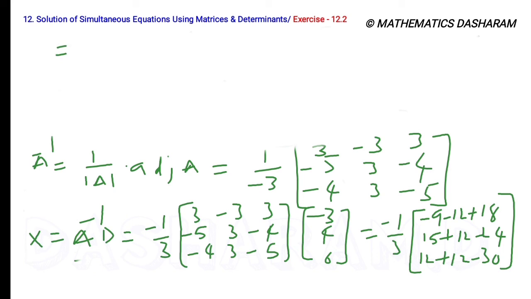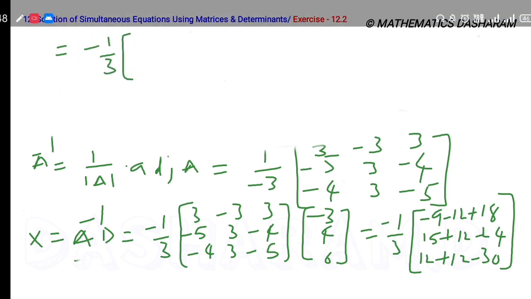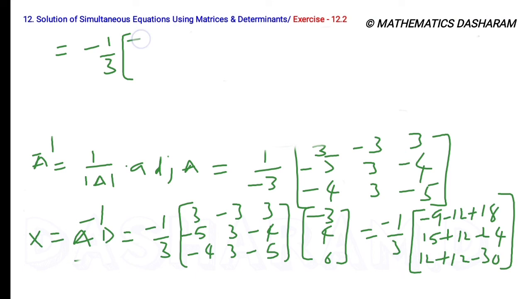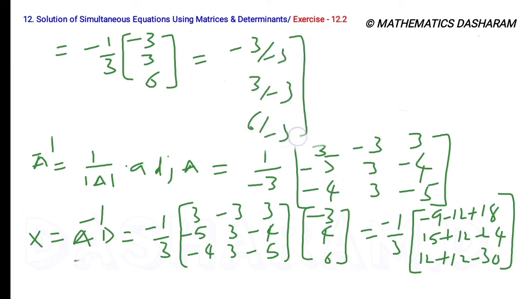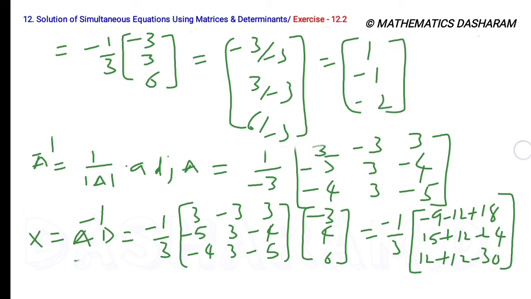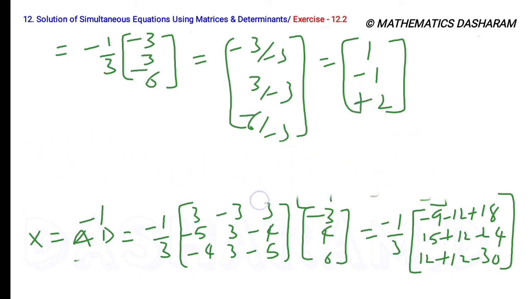It is equal to minus 1 by 3 into minus 3, 3, 6. Then minus 3 by minus 3, 3 by minus 3, 6 by minus 3. Let's simplify them. So minus 3 by minus 3 is 1, minus 1, minus 2. Sorry, here minus, here minus, so then here plus. So then our required answer: x equals 1, y equals minus 1 and z equals 2.